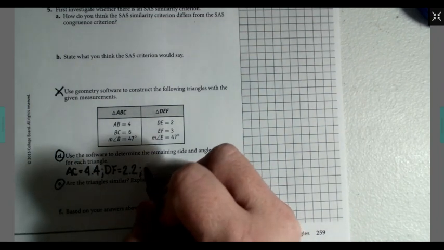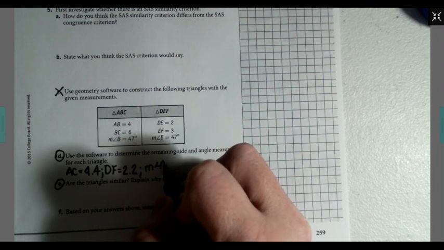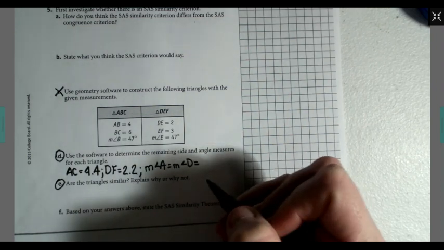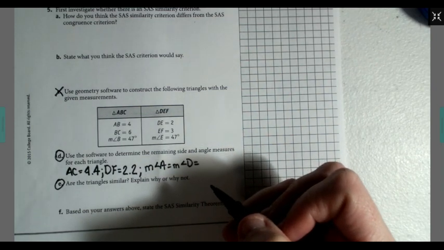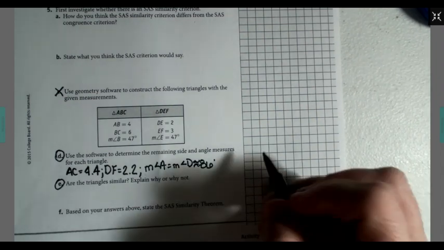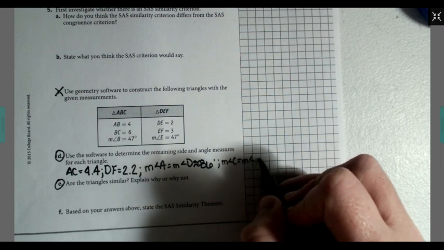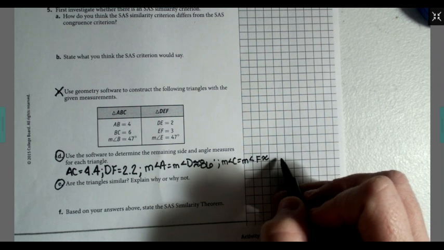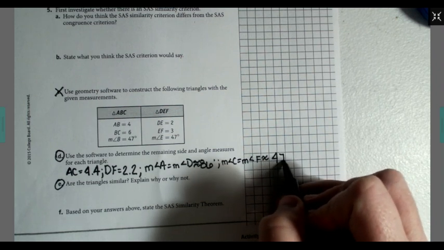Measure of angle A equals the measure of angle D, which equals approximately 86 degrees. Lastly, I'm going to state the measure of angle C equals the measure of angle F, which is approximately 47 degrees.